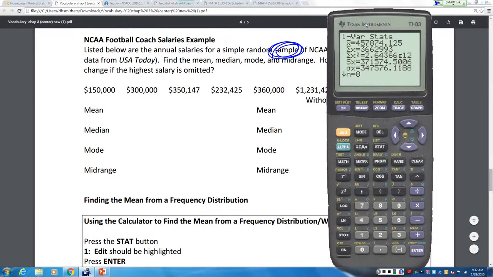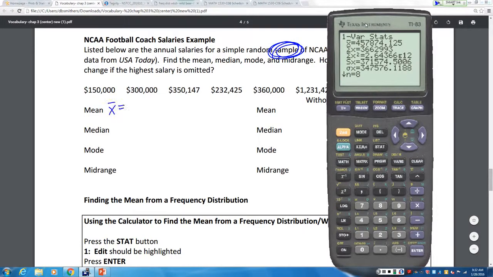So I had to read through and thought, this is a sample. That triggers to me that all the symbols that I need to use better be sample symbols for this problem. So, okay, I'm going to say X bar.